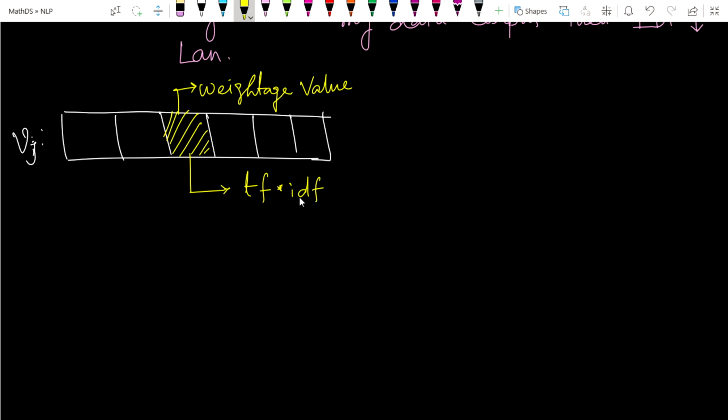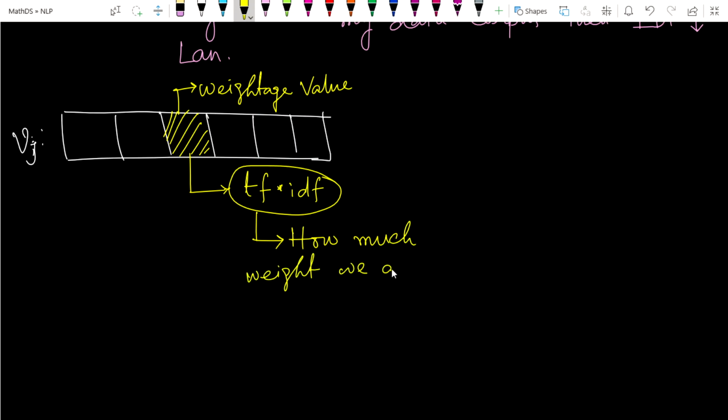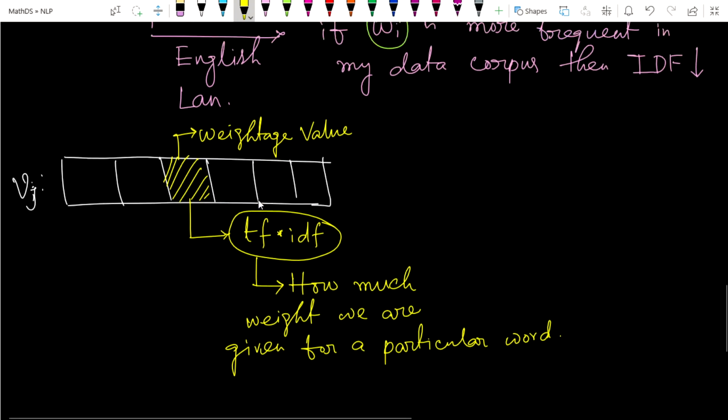That is the actual internal meaning of this vector, and that is what TF-IDF is internally doing.